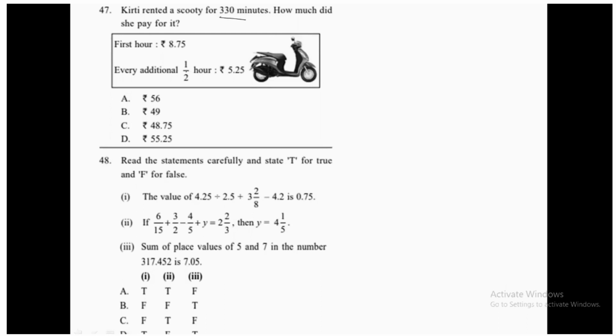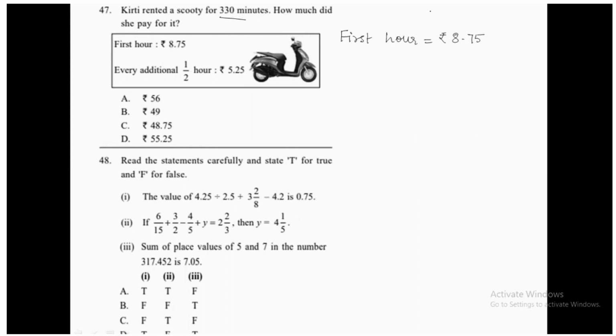So now let's see, for the first hour, she has to pay 8 rupees and 75 paise. Correct? If we subtract 1 hour from 330 minutes, what is remaining over there?